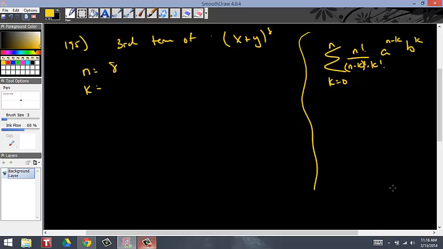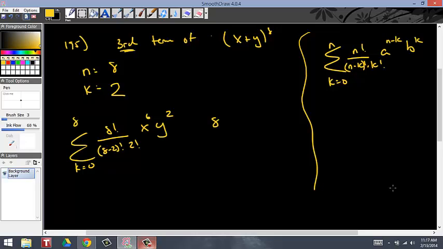What's k? Not 0. 2. One less than what they're asking for. So this is the summation from k equals 0 up through 8 of 8 factorial over 8 minus 2 factorial, 2 factorial, in this case x to the n minus k, so that is x to the 6, y to the 2.